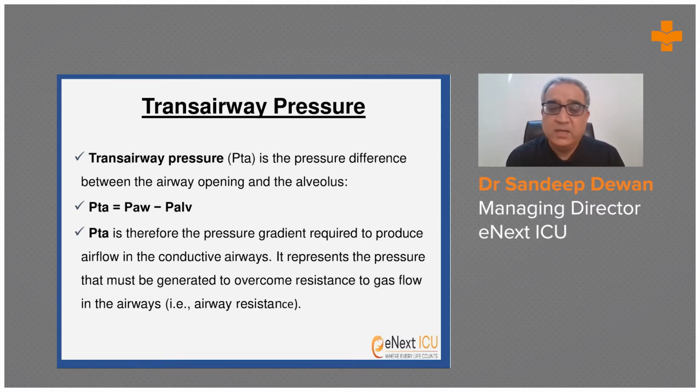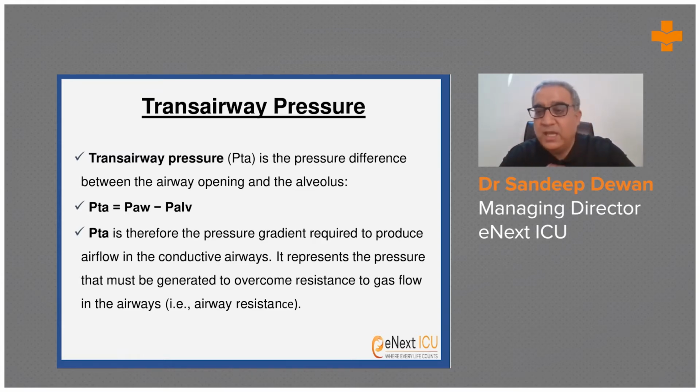It is denoted by PTA, which is PAW minus P alveoli, where AW means airway and ALV means alveoli. When patients are put on the ventilator, it is the amount of resistance the air faces while passing through the trachea, the two main bronchi, and down to the level of the alveoli.